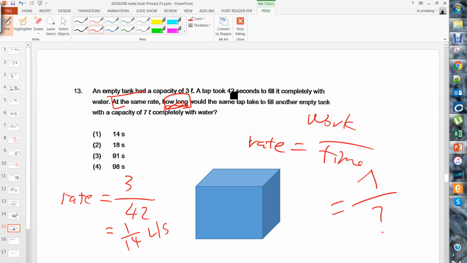Where's the rate? Point to me. Where's the rate on this slide? Where's the value of the rate? In the question here, where is it? Use your finger to chase. Chase like this. Where's the rate?